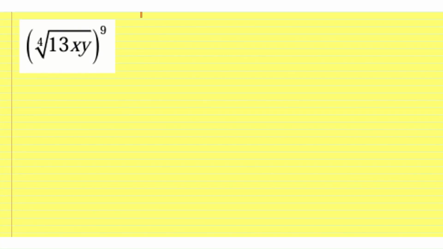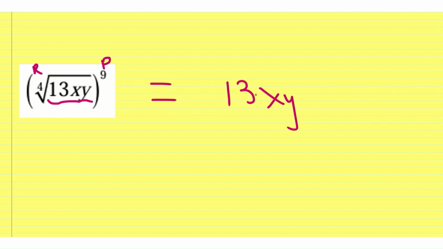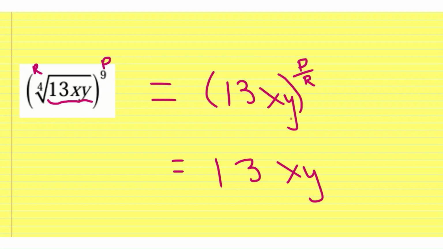Okay. And I think we've got one last problem here. Again, this is my root right here. This is my power. So I'm going to change that to 13xy, because 13xy, all of that is under the radical. So it's all stuck together. And then I'm going to raise it to the power over the root. So that's going to be equal to 13xy, and I do want to put that in parentheses.